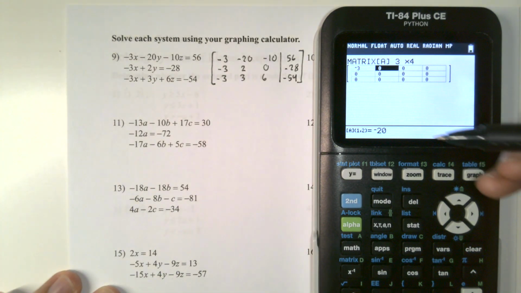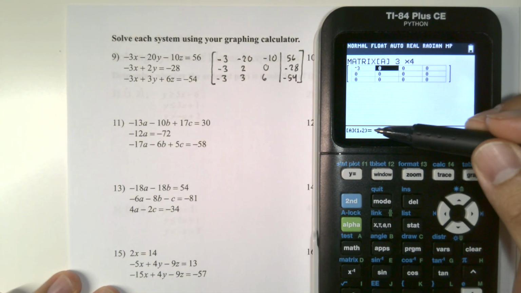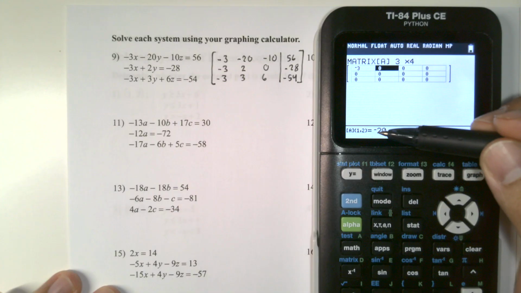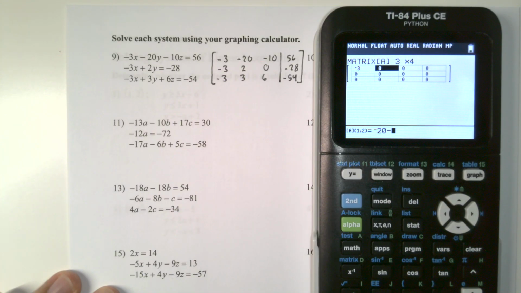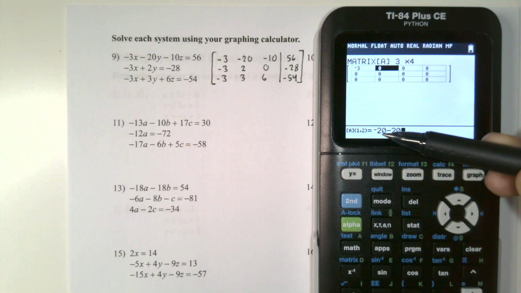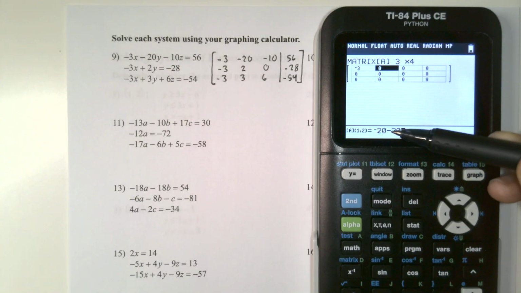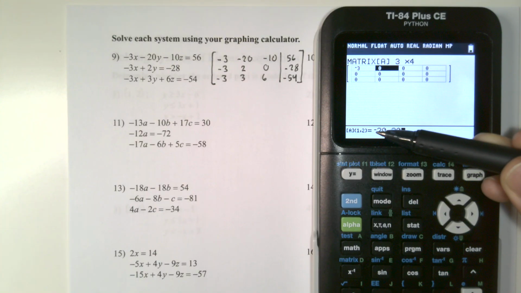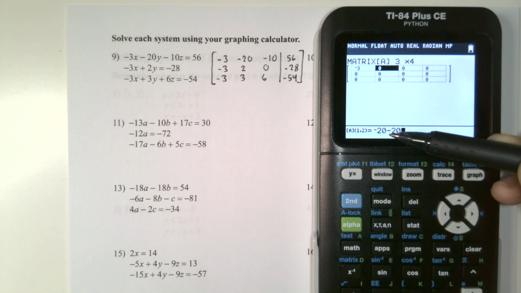By the way, notice that the negative is shorter and it's higher, versus if I put a minus 20. That's how you can tell visually on your calculator whether you put negative or minus. The negative is shorter than the minus, and it's higher than the midline of the line that you're typing on.